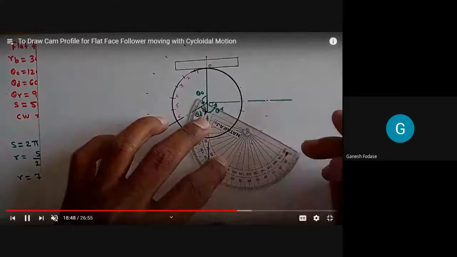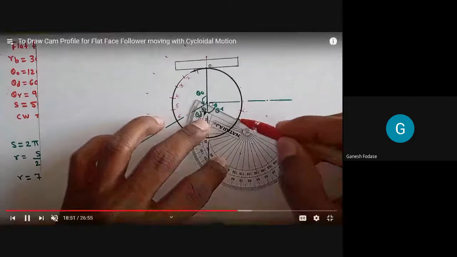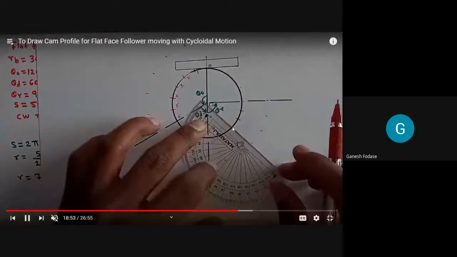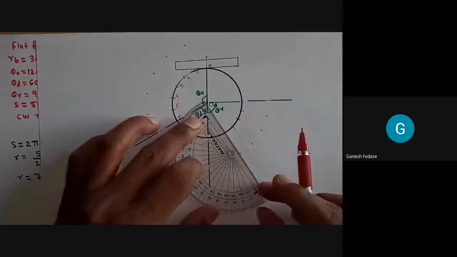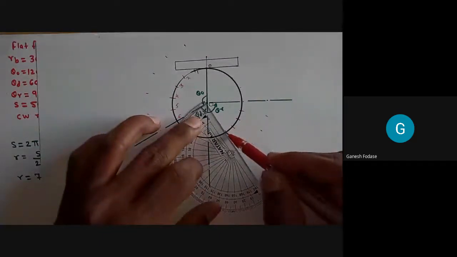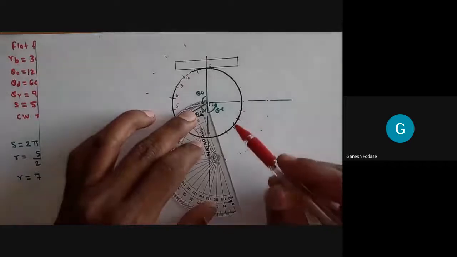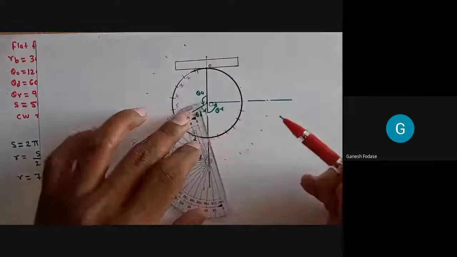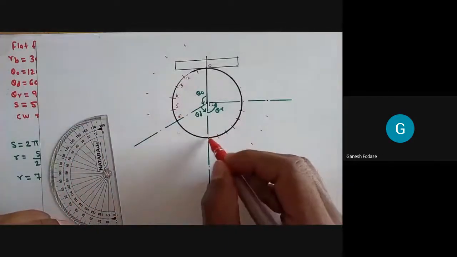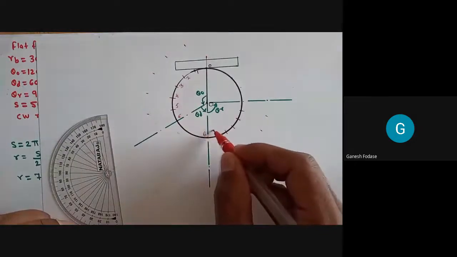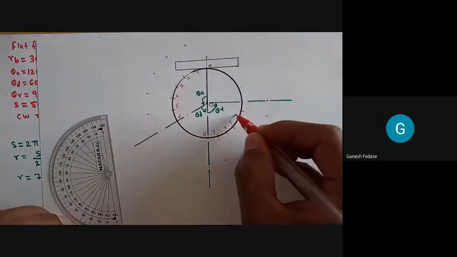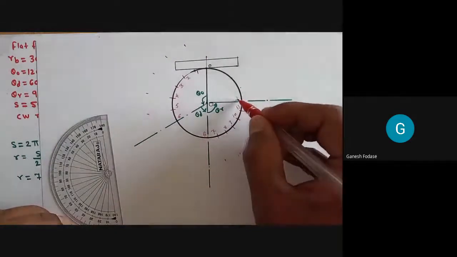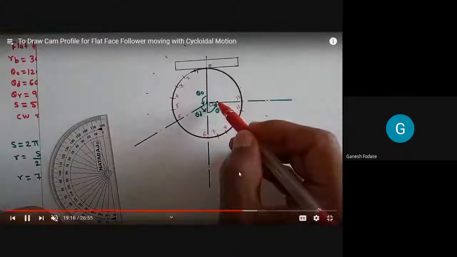So the number of divisions from 0, actually the last division is 12, 11, 10. This one is 9, 8, then 7th. Okay, like this. So again 6, 7, 8, 9, 10, 11. Okay, like this.